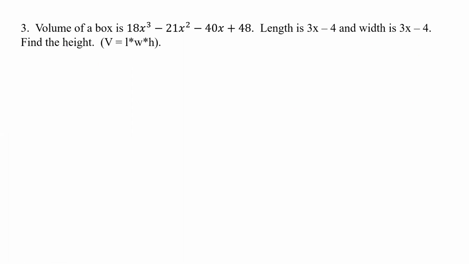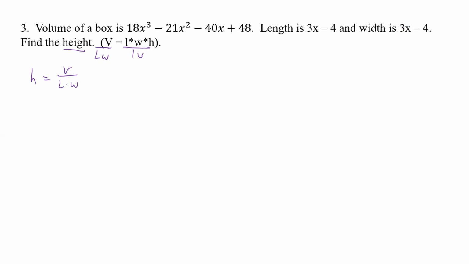If we need to find the height, that means we're going to have to divide by LW. So we'll have to divide that by LW, okay? Well, that's not bad. So what do we do? Well, then height is equal to V divided by L times W. Now, if we multiplied L times W, we are going to have to do long division instead of synthetic division.